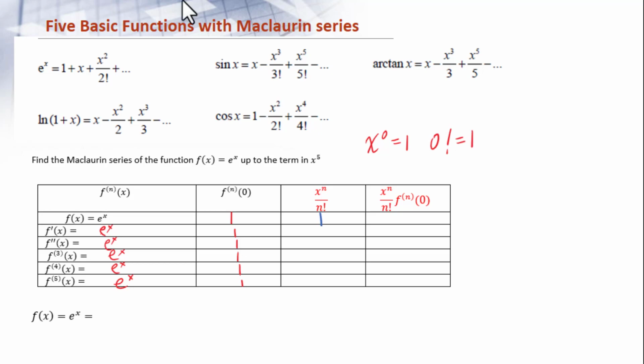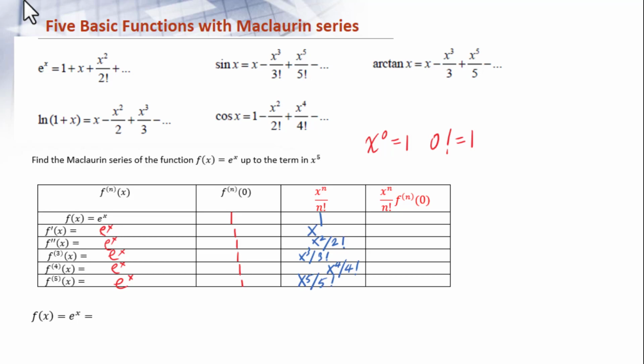So we have 1, x, x squared over 2 factorial, x third power over 3 factorial, x fourth power over 4 factorial, x fifth power over 5 factorial.